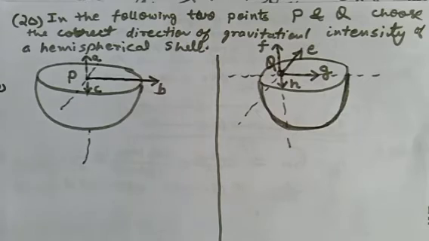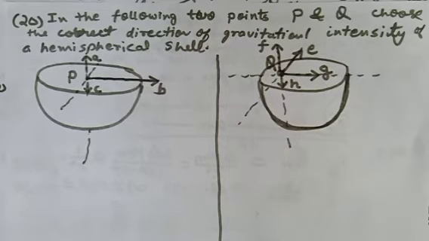Now here is a very interesting one, with no calculation, just a direct question. In the following two points P and Q, choose the correct direction of gravitational intensity of a hemispherical shell.